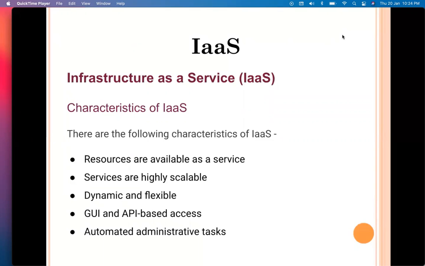The infrastructure service provider manages and administers the resources, whatever service he is providing, he manages all the things related to it. So the user does not require to do anything.